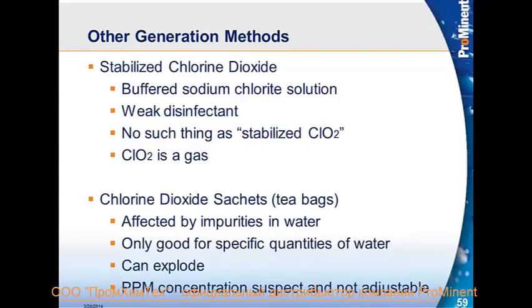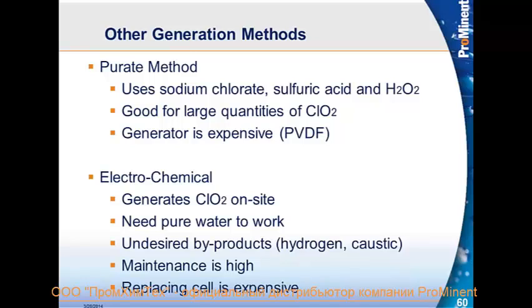Typically, you get a tea bag which has a known concentration, put it in the water, and it gives you what they say might be a 5 ppm concentration. It's not adjustable unless you dilute it down. You certainly couldn't increase it unless you drop in another tea bag, and then your suspect is what you really have. So, not a very good form of use of chlorine dioxide.